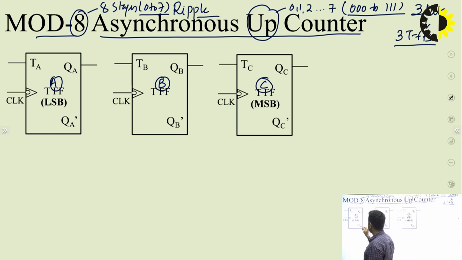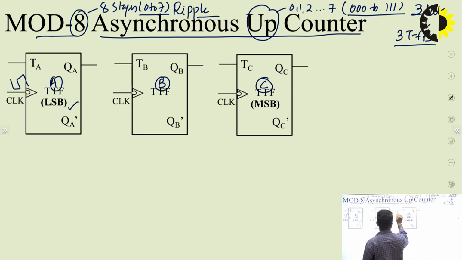Now as we have mentioned, the LSB terminal will be provided with the clock by the user. There will be manual pulses, and as we have mentioned in our slides, all the T inputs will be connected to a common point.